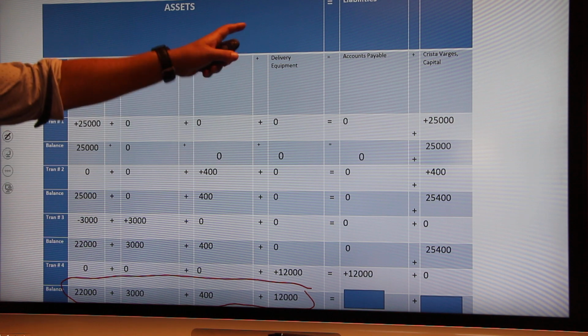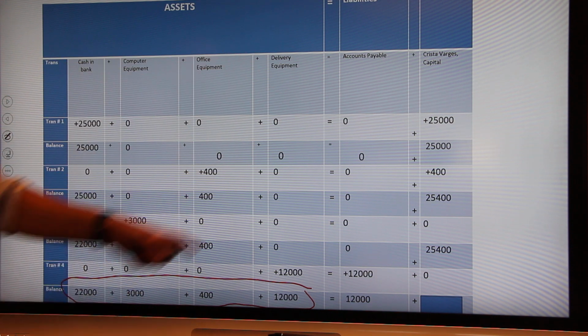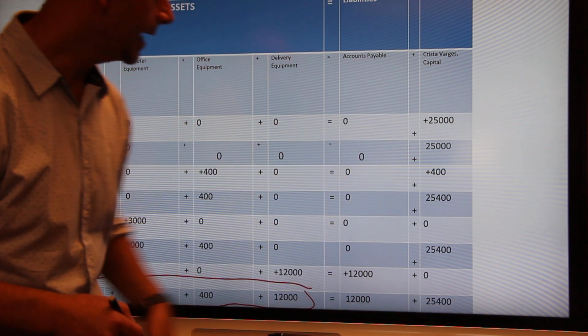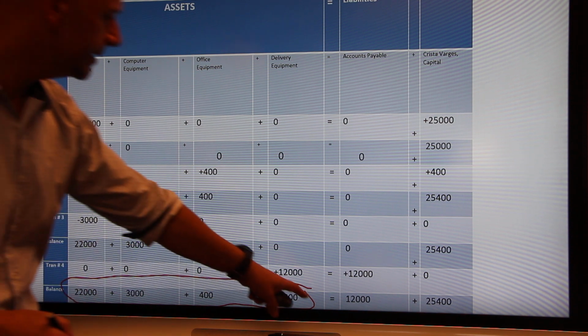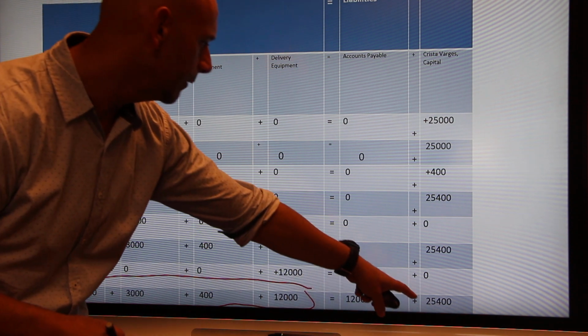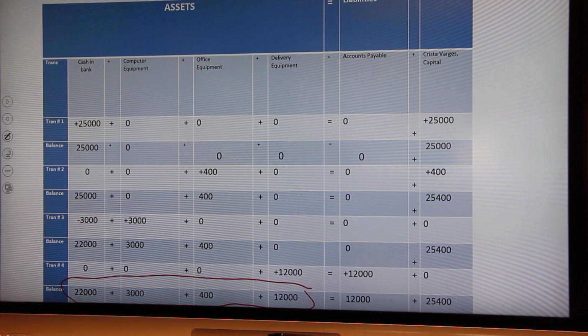So let's see. Accounts payable, we have $12,000 and we have $25,400 in owner's equity. So if we add up all of our assets, they need to equal the total of $12,000 plus $25,400, right? So if we do that, we should be fine.